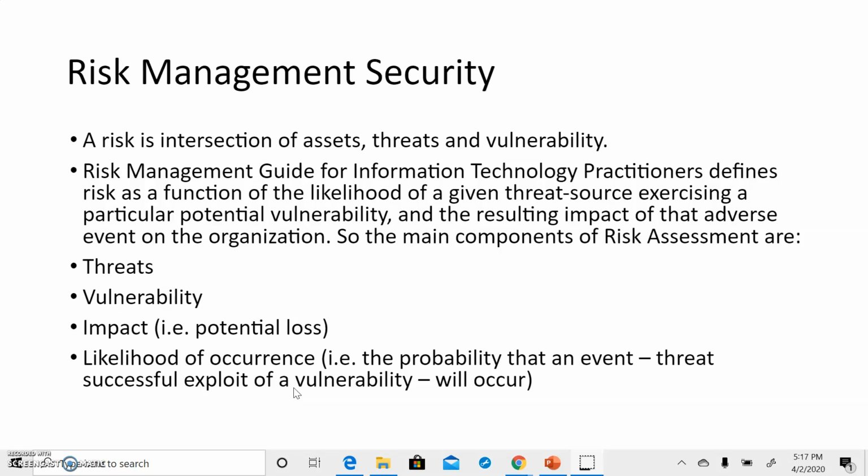The third thing is vulnerabilities. Vulnerabilities are where threats become strongest. Imagine you have data in your system, so you know the asset, and you have the threat: someone can steal or damage your data.